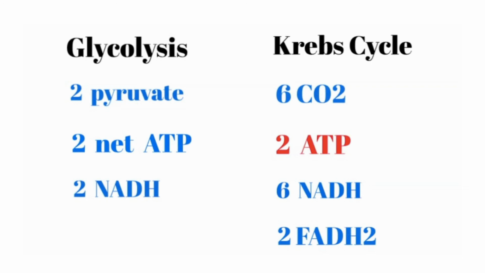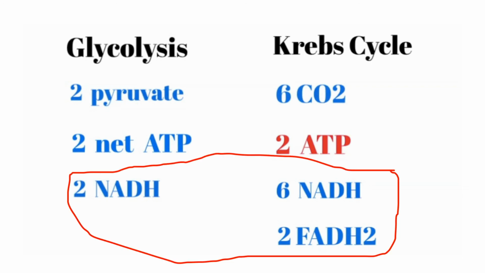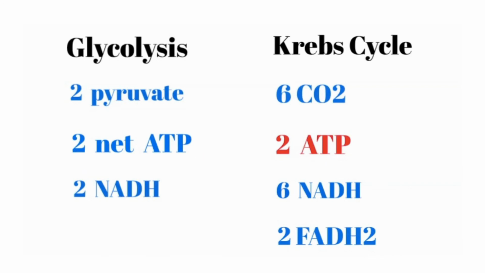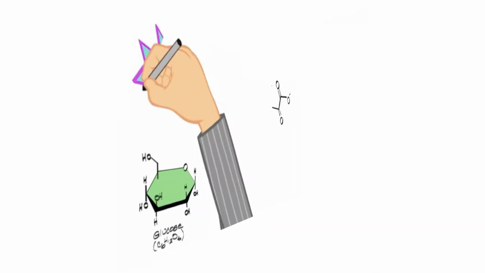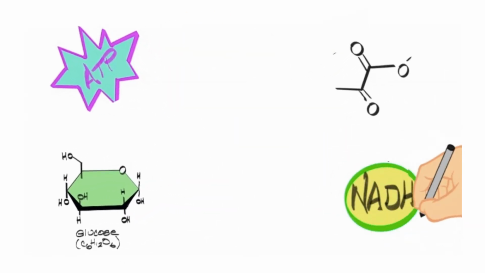The 8 NADH molecules and the 2 FADH2 molecules are going to shuttle electrons to the electron transport chain in the inner mitochondrial membrane, which is going to end up producing upwards of 34 ATP molecules, which is a lot more than these 4. That's why I suggest it's the 8 NADH and 2 FADH2 that are much more important products of glycolysis and the Krebs cycle. And that is glycolysis and a little bit of the Krebs cycle in a nutshell.